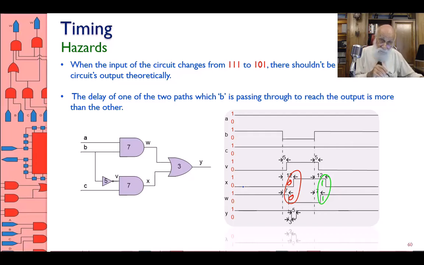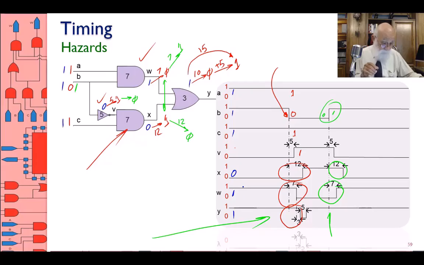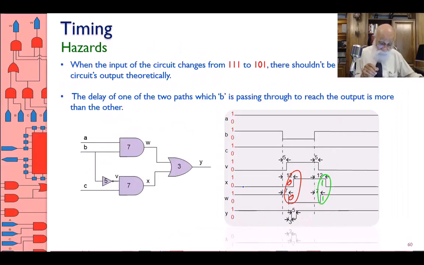I can look at the circuit and, by analyzing the path and the delays and all that, instead of doing all these little detailed timings, I could look at the propagations and be able to come up with this output timing.